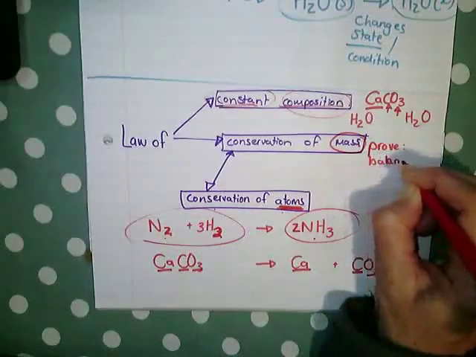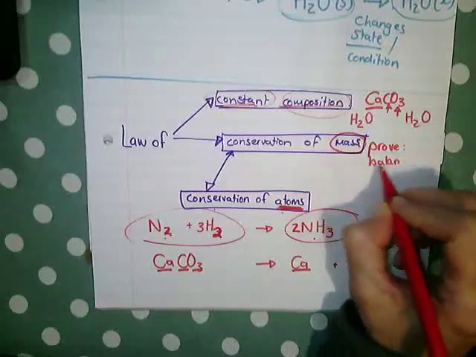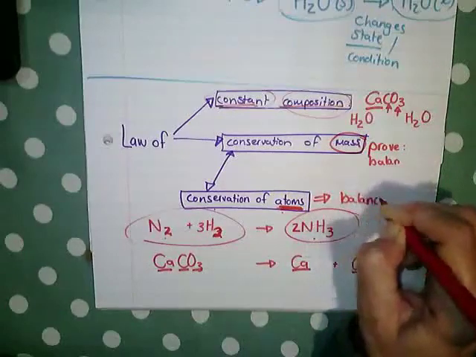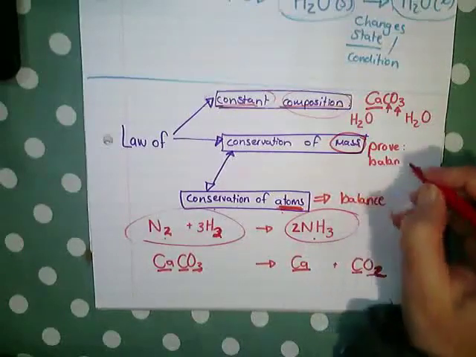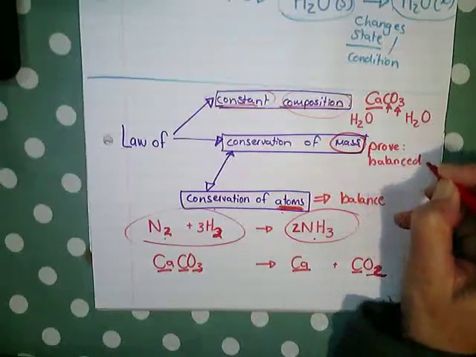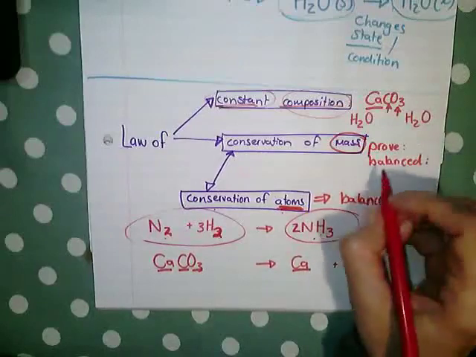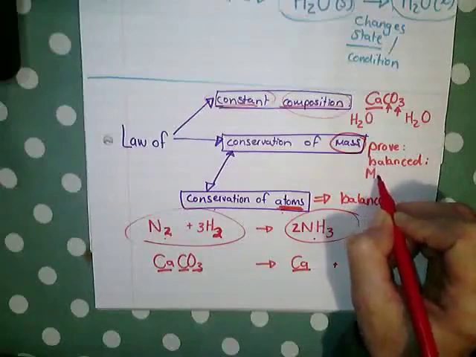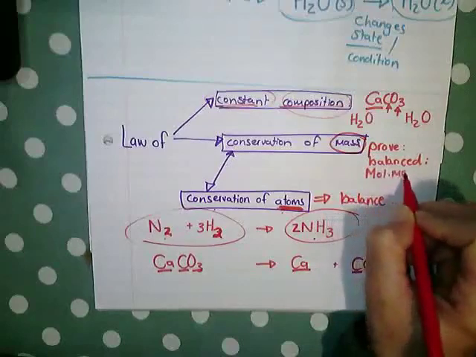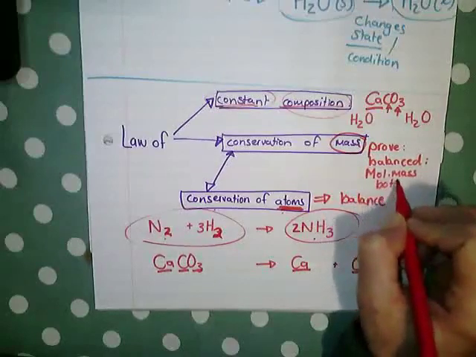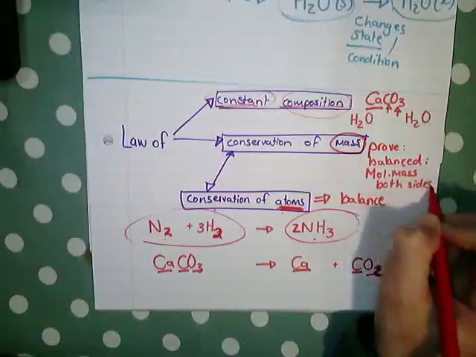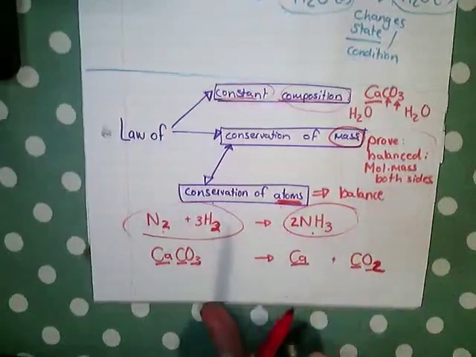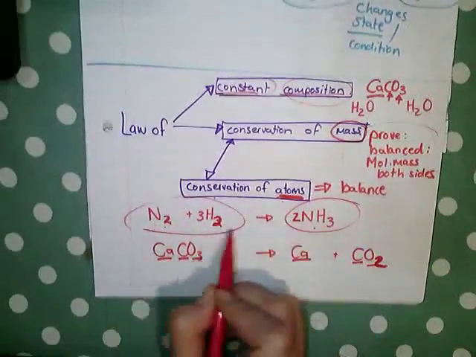So what we do to prove the conservation of mass is, firstly, we balance for conservation of atoms, and then we prove that balanced equation by calculating the molecular mass on both sides. How we prove that is, let's say, for example, we take this one.